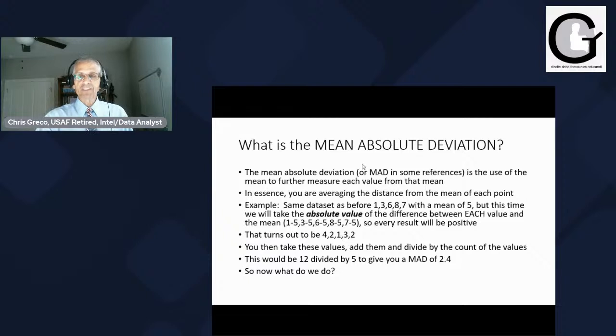So the differences turn out to be 4, 2, 1, 3, 2. Then you divide by the count of the values like a normal average, 12 divided by 5, which gives you a mean absolute deviation of 2.4.